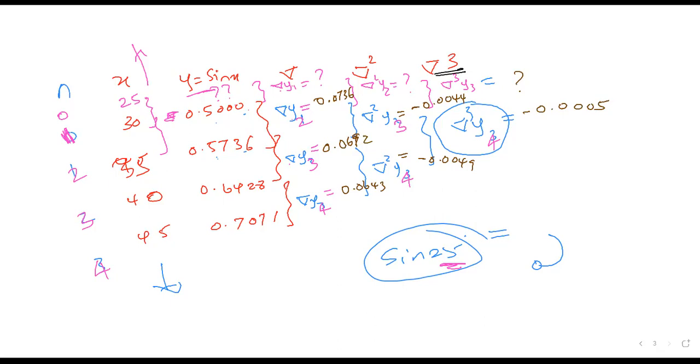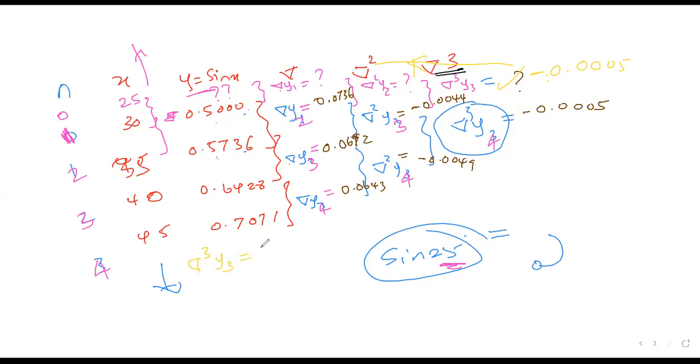They say in the third differences, both are constant. Constant means same, no? So I need to know this one will be 0.0005. So we are going backward. So I know this one. If I know these two, I know Δ³y. Can you see this color?